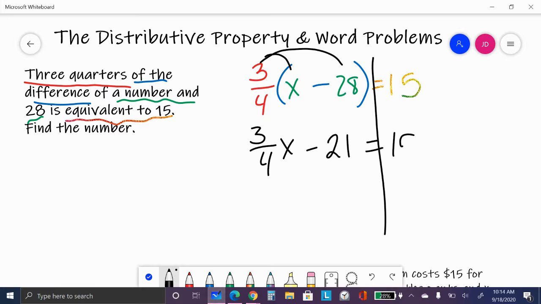Equals 15. Add 21 to both sides, and you get 36.